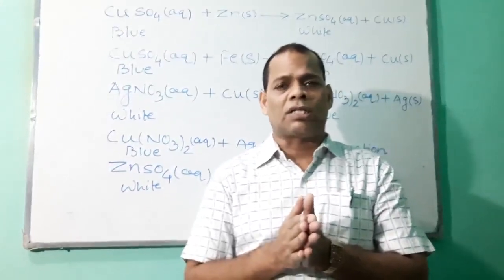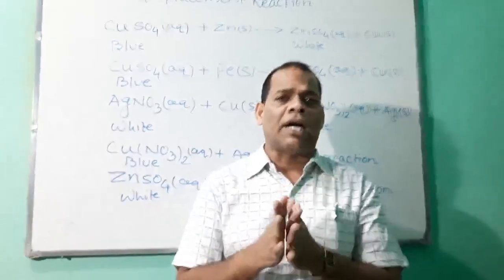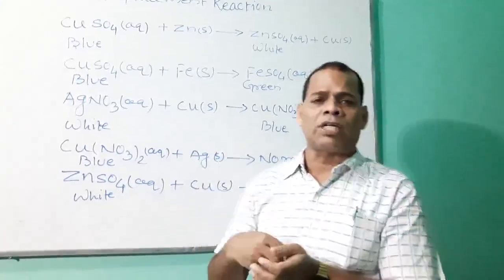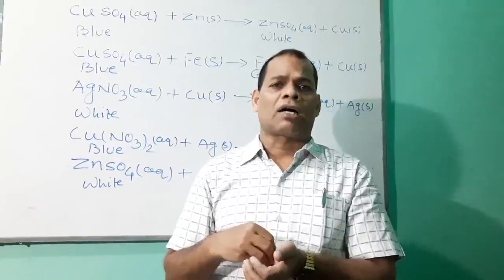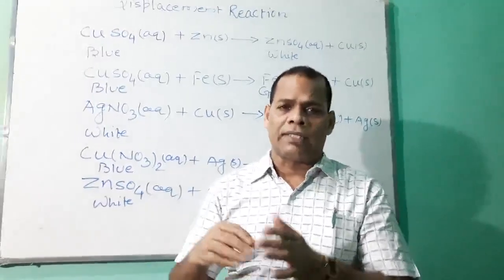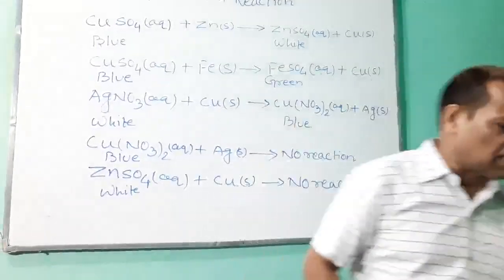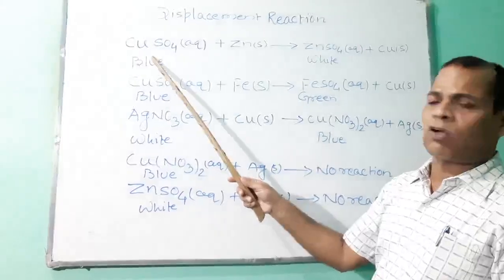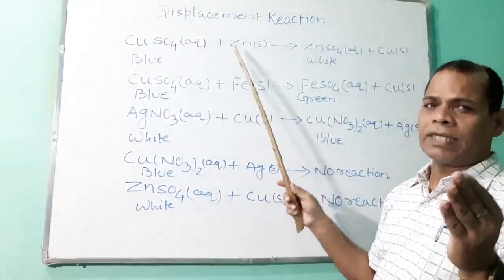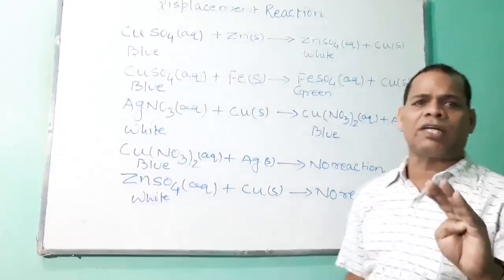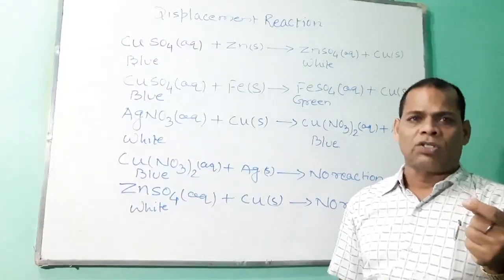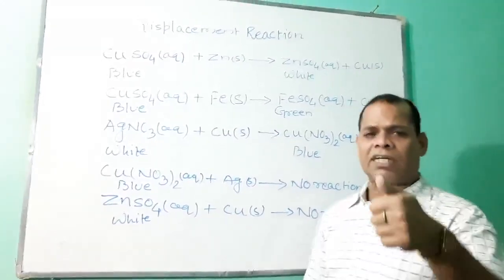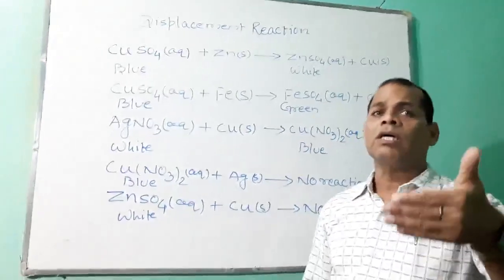It means if you take an aqueous solution of a metal and put in a solid metal, the reaction starts. For example, take an aqueous solution of copper sulfate and a zinc strip, and rub it with sandpaper so that any oxide layer present can be removed to make it more reactive.